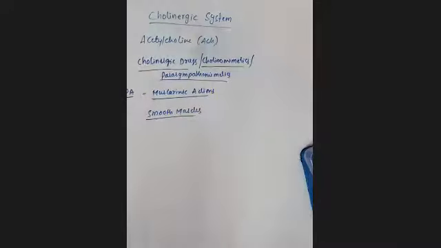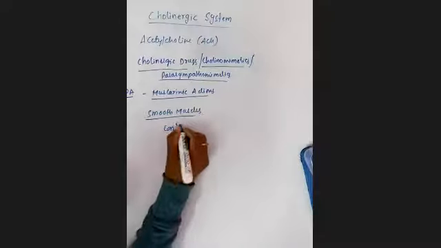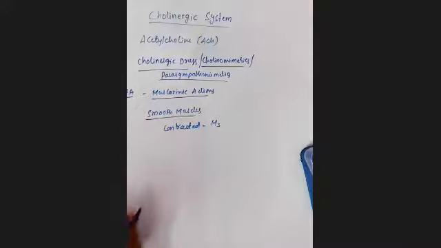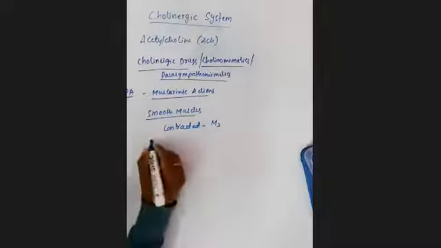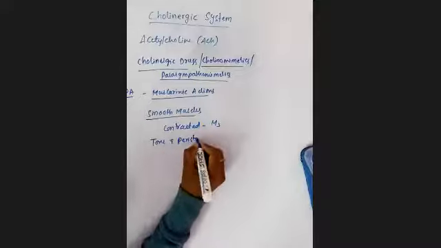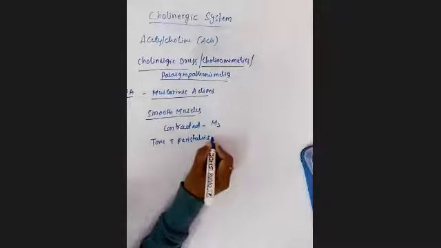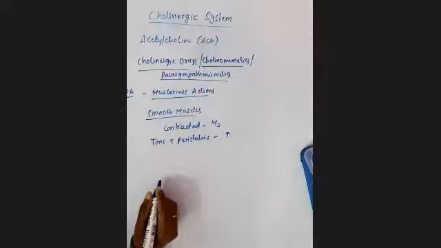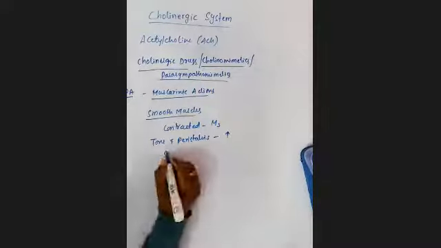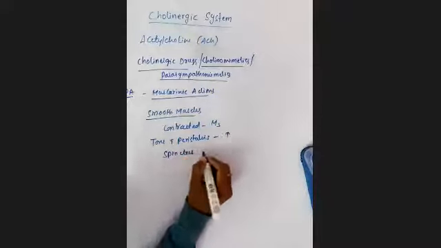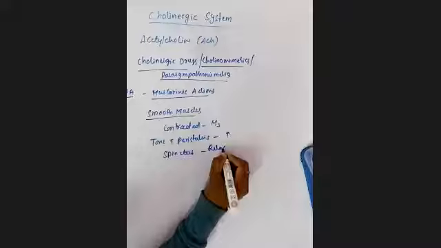Next, about the smooth muscles. The smooth muscles are contracted mainly through the M3 receptors. Next is the tone and peristalsis of the GIT, which is going to be increased, and the sphincters are going to relax.